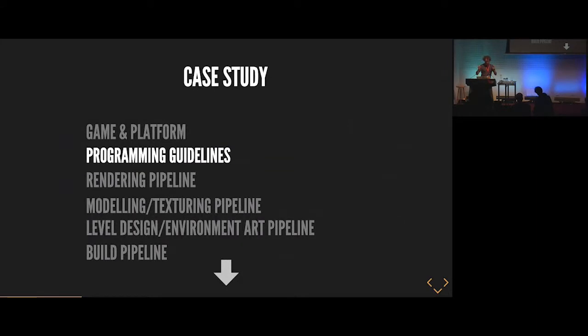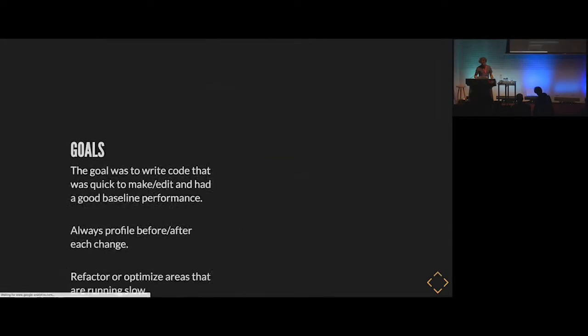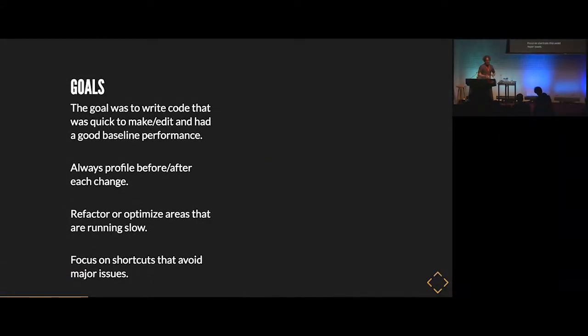So, programming guidelines. We were at the start of this project and we needed to make sure that we weren't killing ourselves by writing stuff that wasn't fit for task. So the first goal was, we only want to write code that's quick and easy to edit and has a good baseline performance. We're not going to dig in deep and try and solve things so they run perfectly. That's where we go in and profile everything.